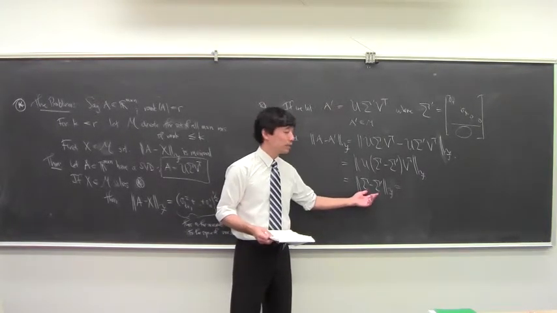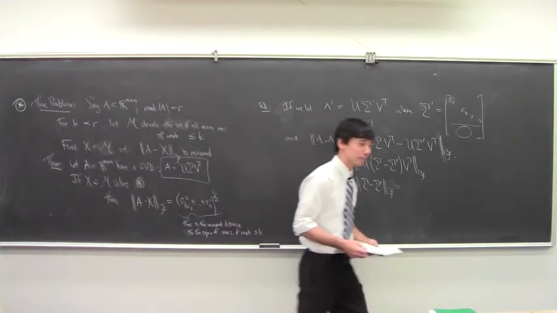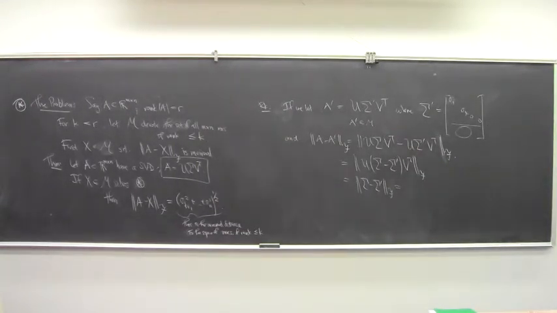But what's the Frobenius norm of sigma minus sigma prime? There's a k plus 1.